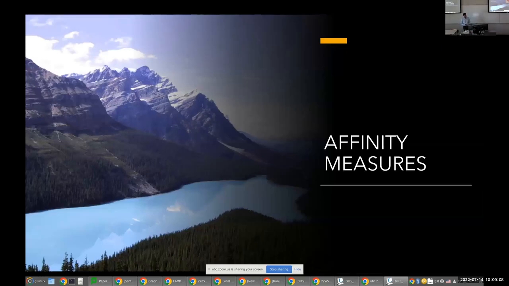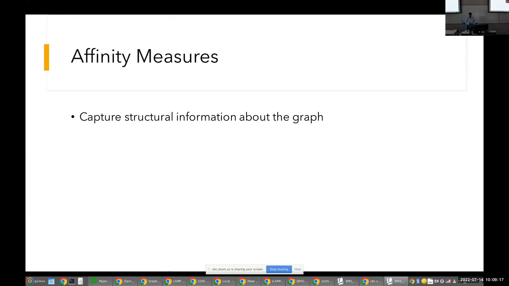Okay, so then I'm going to introduce the main idea here, which we call affinity measures. What I want you to think of is that affinity measures essentially capture some kind of structural information in the graph. You want to capture some kind of connectivity information that looks globally at the graph.